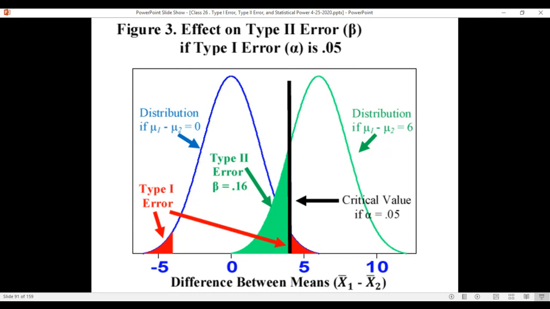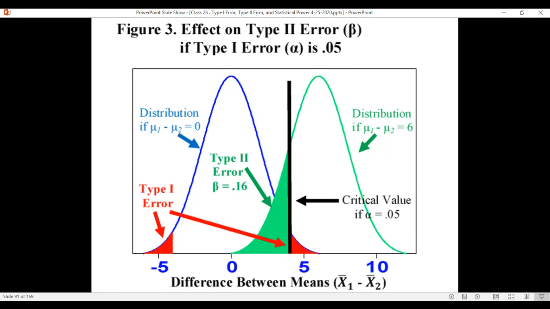So the red areas are 5% of the distribution on the left. And here's another question: what is the probability the researcher will make a type 1 error? Okay, the answer to that one is the probability of making a type 1 error is the same as the area of the critical region, which we just said is 5% or 0.05.